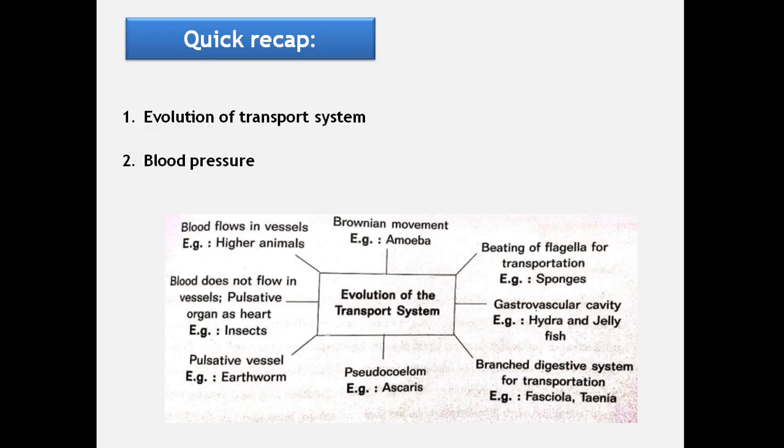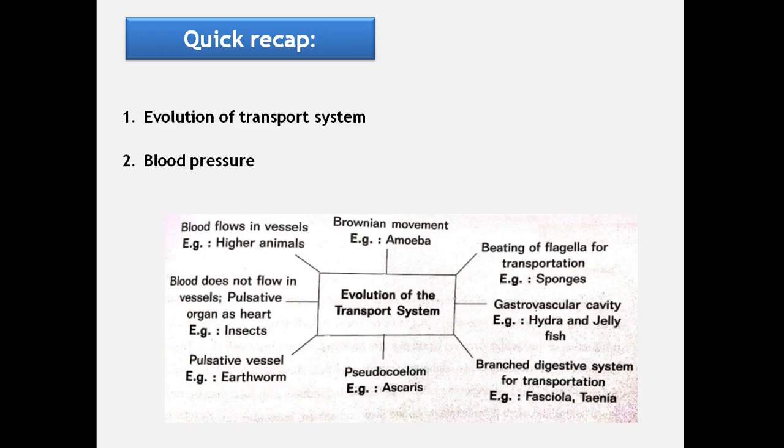type of circulatory system, that is, blood does not flow in vessels, it directly flows in the coelomic cavity. We have seen this character in arthropods, example insects. And finally, from Echinodermata, mollusca and other higher animals and chordates, we have a heart as well as the closed type of circulatory system.